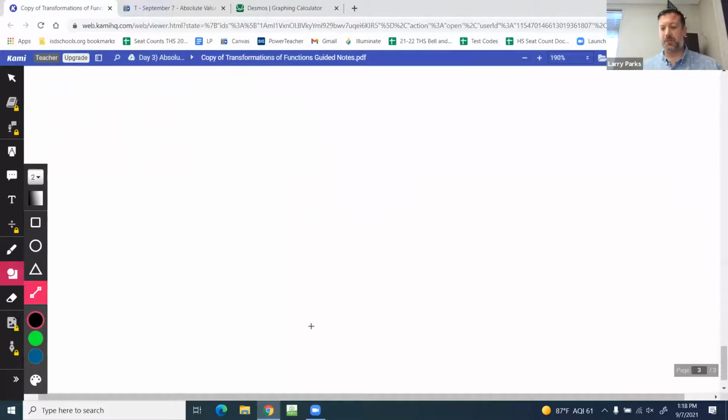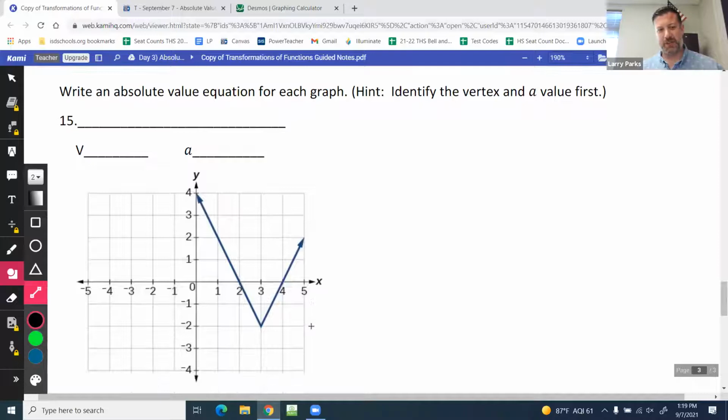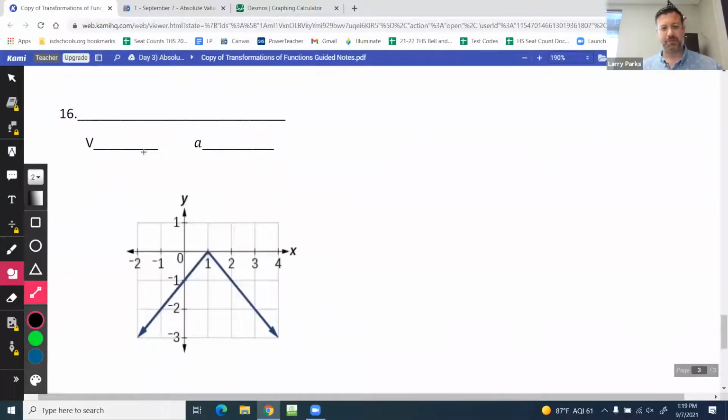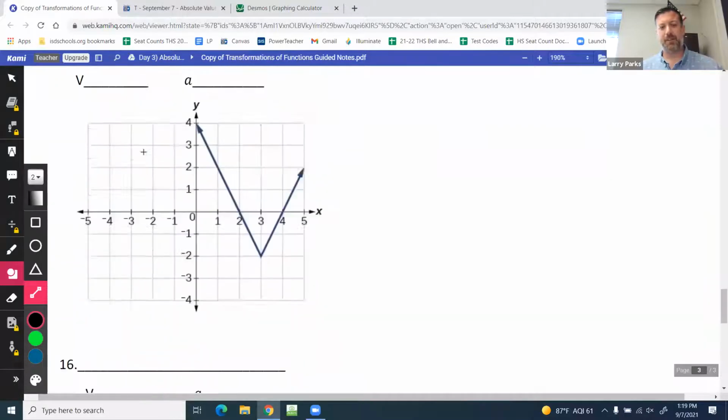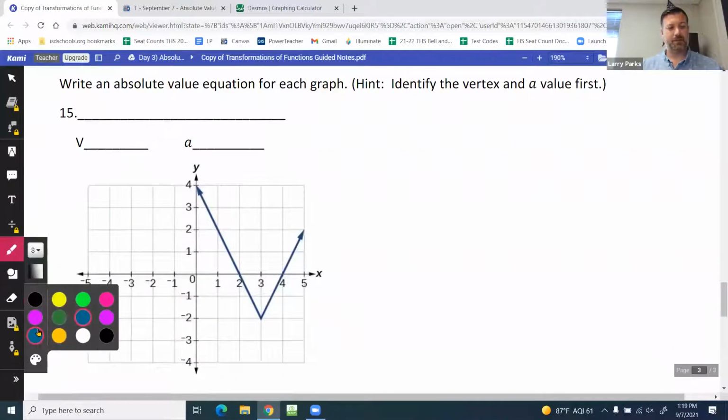All right, now we got 2 more problems. 15, write an absolute value equation for each graph. So identify the vertex and the a value first. So now we're going from the graph to the equation. So let's think, okay. This, what happened?